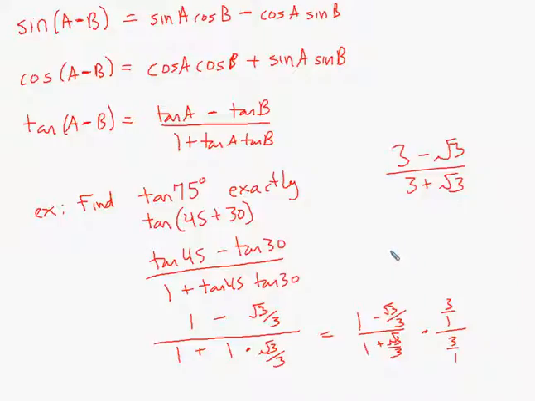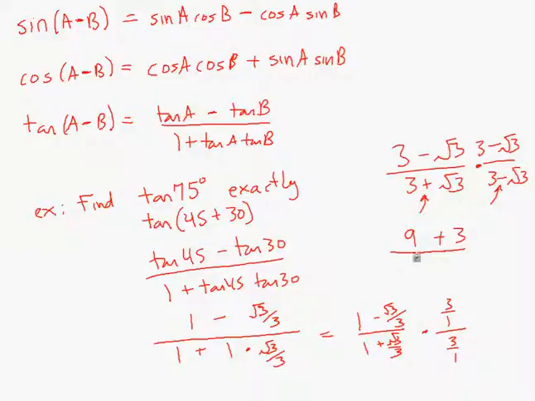How do I rationalize that? Times what? 3 minus root 3. Yeah, 3 minus root 3. Now, rationalize we worry about when our denominator is a root. So we multiply by the conjugate, different in sign. So at top we get 9 minus 3, actually plus 3.